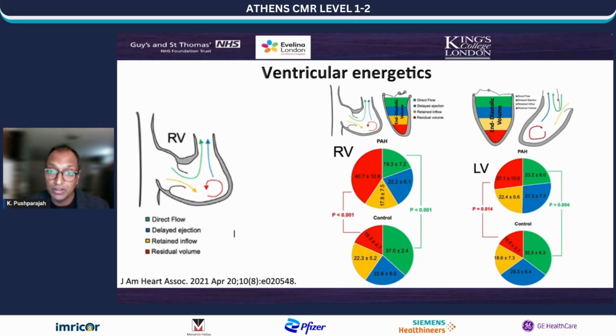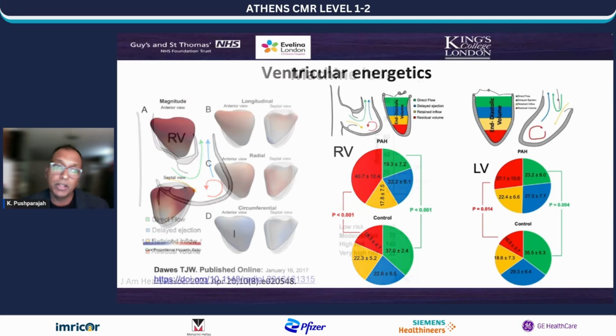Look at the size of that green wedge compared with the controls. The controls have much more direct flow. And in the same way, you see that reflected in the left and right ventricle. So we know that the ventricular function informs the ventricular energetics, and that's determined by the degree of pulmonary hypertension.